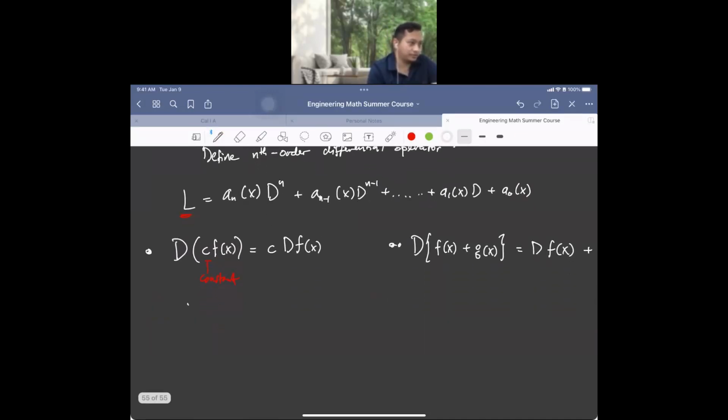So the differential operator L possesses what we call the linearity property.